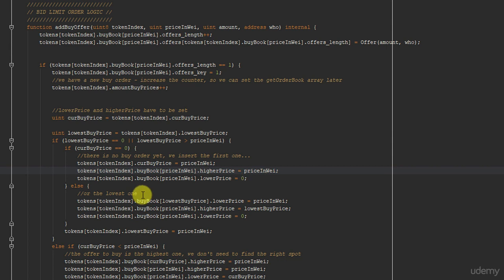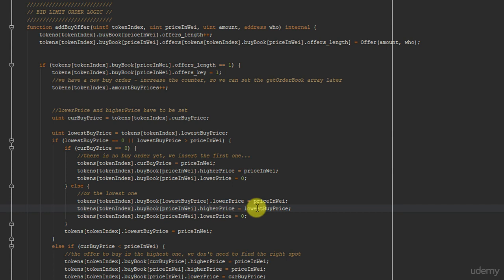Now, if it's the lowest one, then we take the current lowest one and we set the lower price to our price. So we have a new entry in our linked list, which is the lowest entry. And from our new entry in the order book, we set the higher price to the old lowest buy price.